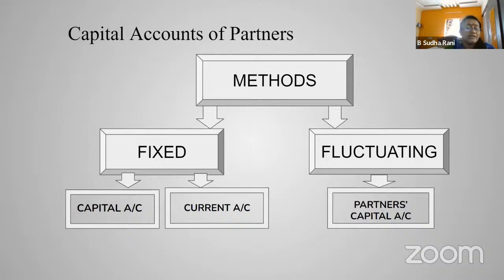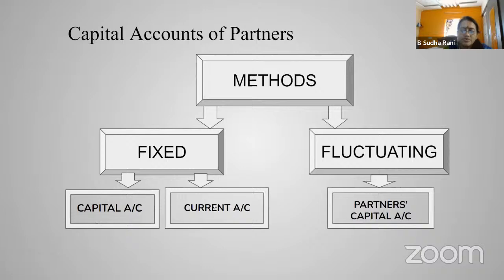Whatever current account balance is given in the question, we take that, and like the partners capital account we did just now, we make all the adjustments. Take the current account balance of partners given, and whatever adjustments of interest on capital, salary, commission, drawings, interest on drawings are there, all that we do in the current account. In the capital account, we don't do anything.